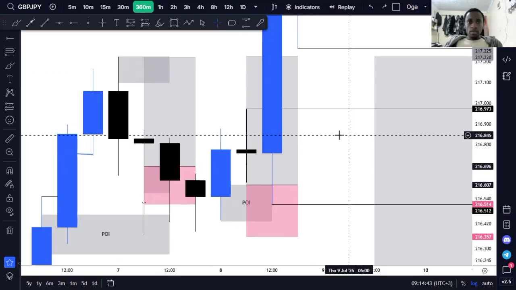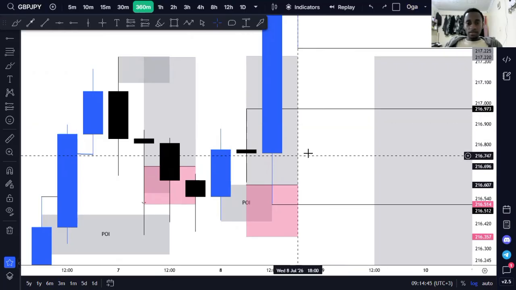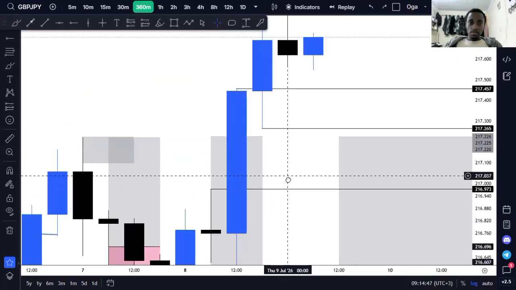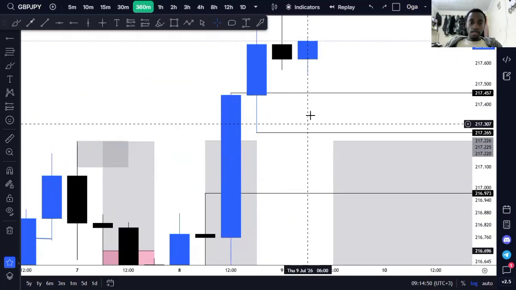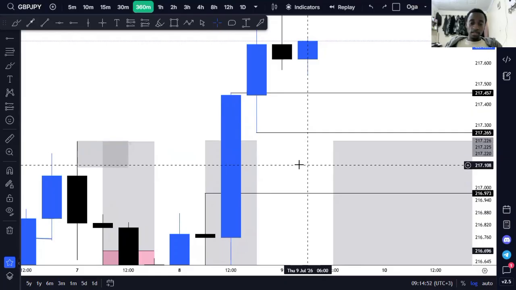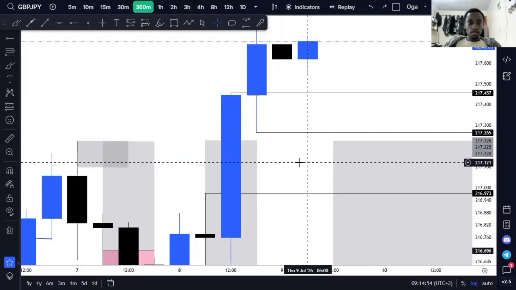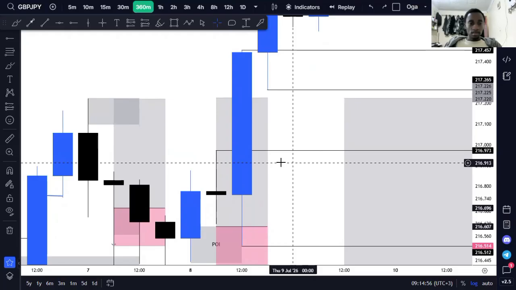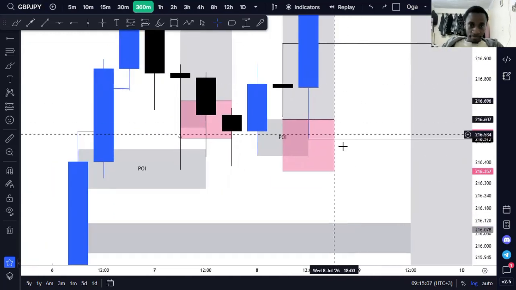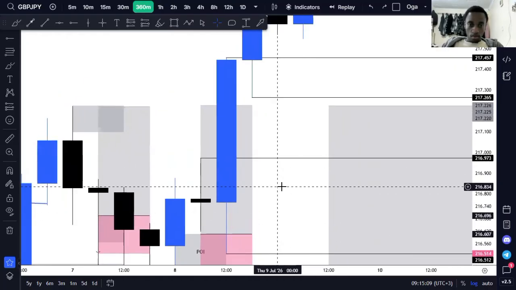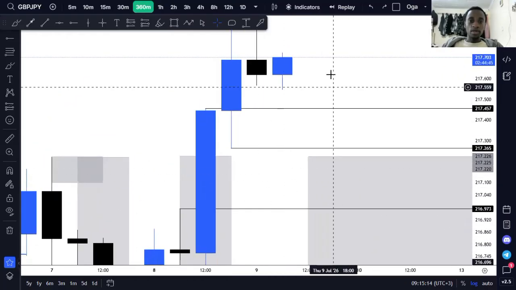Since from higher time frames we've been having these two areas as our possible points of interest, I'll still be marking them until we go to the lowest time frame, maybe 5, 10, 3, whatever. So right now we still have two possible areas.